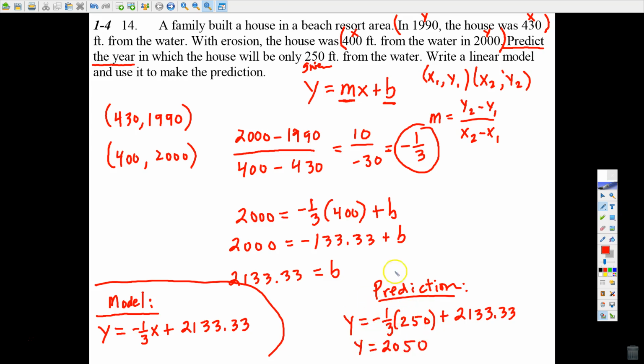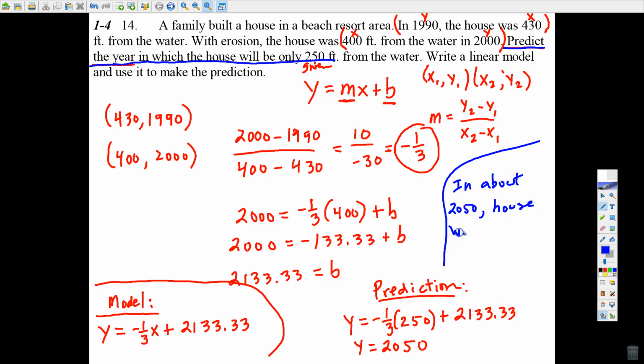So let's put some context, some wording to wrap this up, because we're answering this phrase here. In what year will the house be 250 feet from the water? So we're going to say in about, since I rounded, in about the year 2050, the house will be 250 feet from the water.